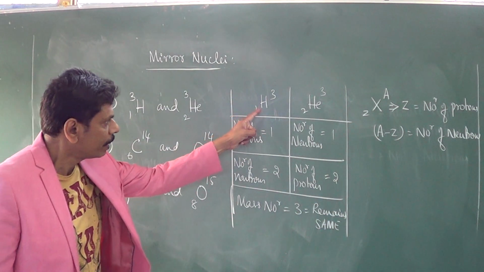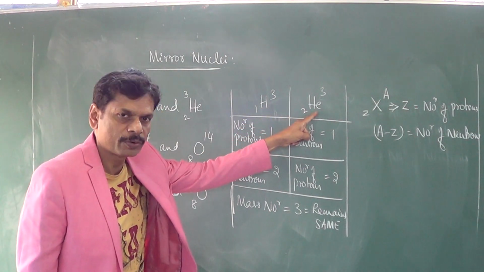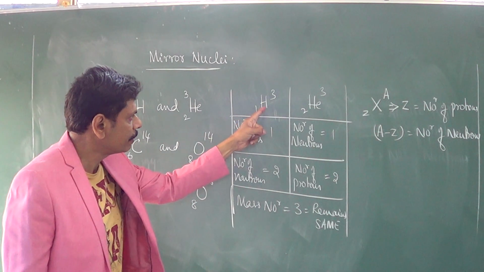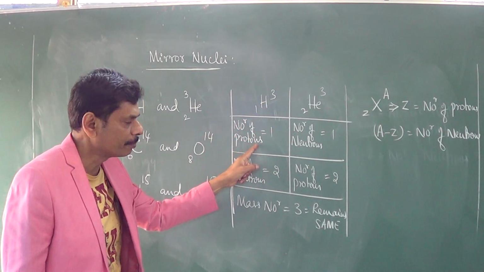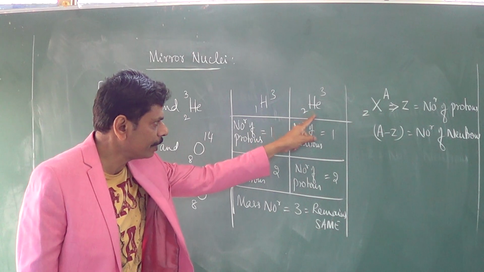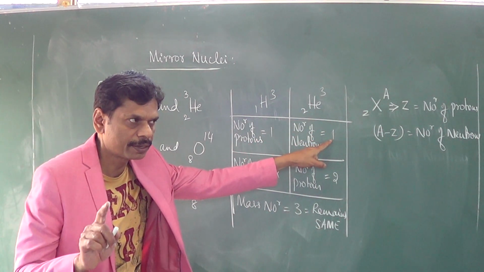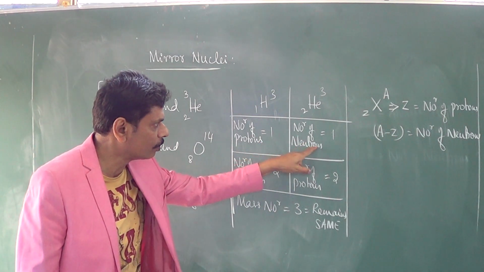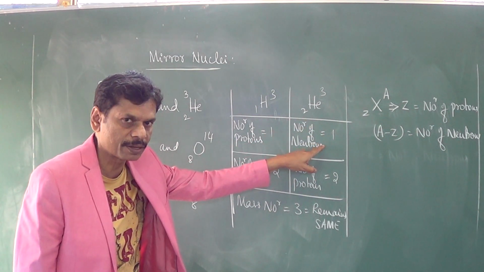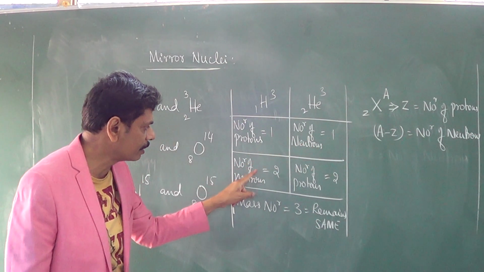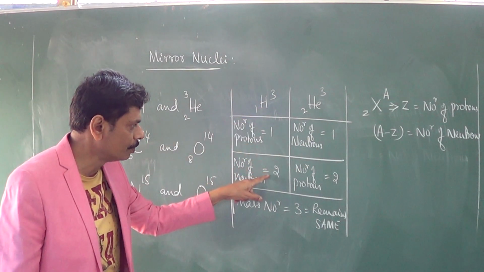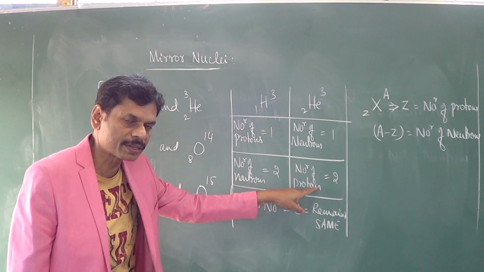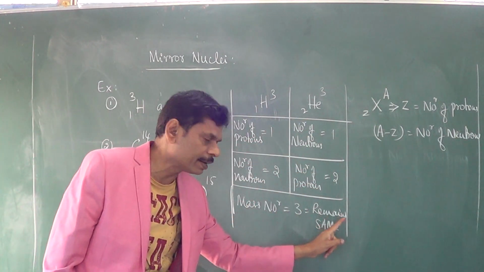So, I am going to consider the first nucleus and the second nucleus. The first nucleus proton number is equal to the second nucleus neutron number. Have you understood? You see that? Or I can consider that the first nucleus neutron number is equal to the second nucleus proton number, where the mass number remains the same.